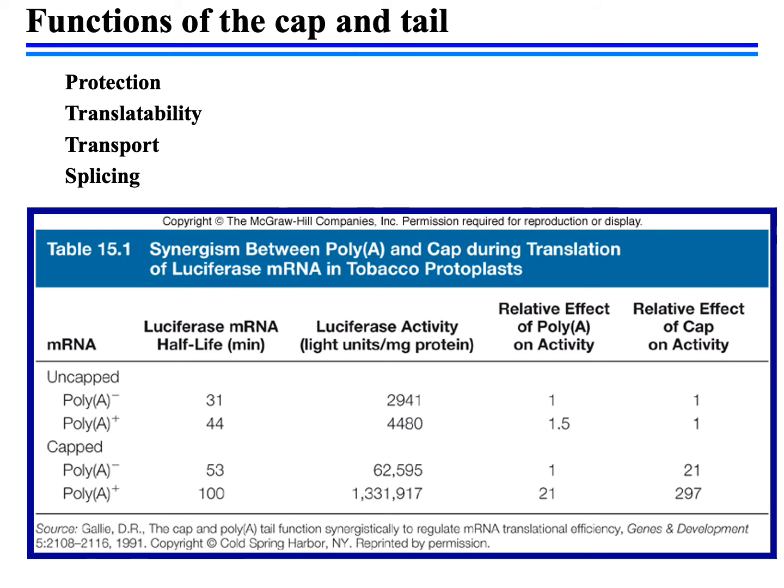And then you can see uncapped with the addition of a poly A tail almost doubles the amount of luciferase activity. However, when you jump to a capped message that does not have a tail, there is a dramatic increase in luciferase activity. And then lastly, capped with a poly A tail sort of goes through the roof overall with luciferase activity.